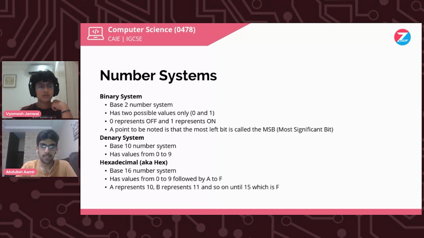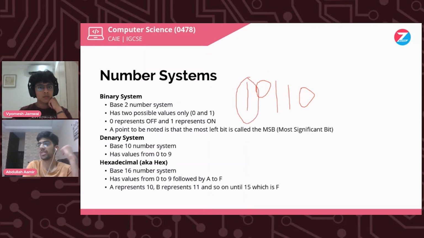One thing to be noted is that the MSB, the most significant bit, when we've written a number of bits together, will be the left one. So if there's a value with the binary value 10110, let's say these 5 bits are referring to one number, this leftmost one would be the most significant bit.